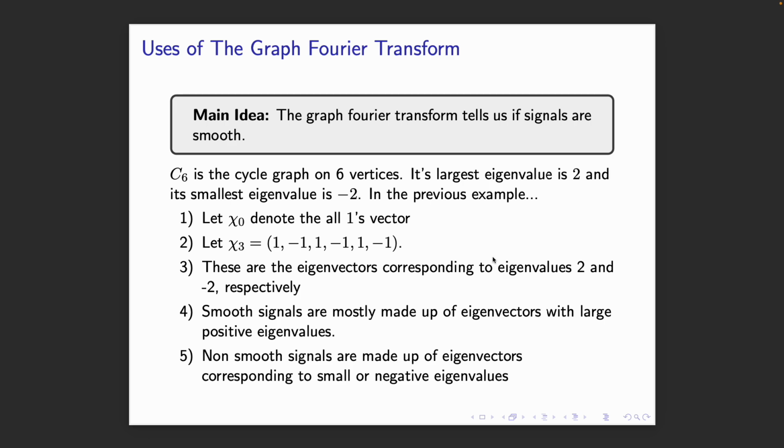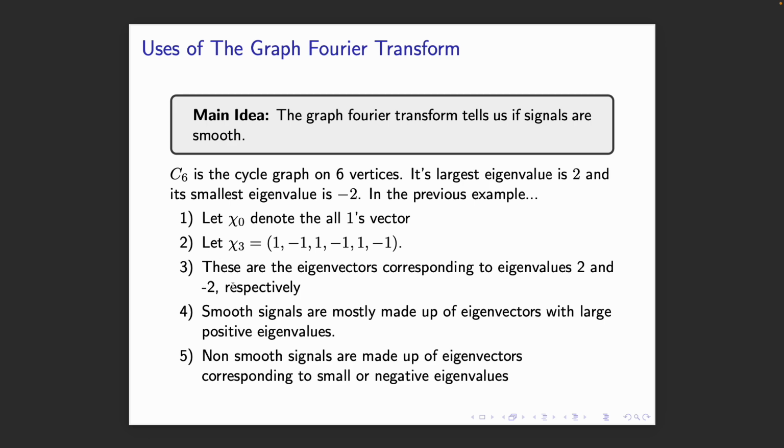And the graph Fourier transform is able to tell you if signals are smooth. So C6 was the graph we were just looking at. The first signal was the all ones vector, which I'm calling chi0. The second signal was the alternating 1, -1 vector. These actually happen to be the eigenvectors corresponding to the largest and the smallest eigenvalues of the adjacency matrix of a graph.